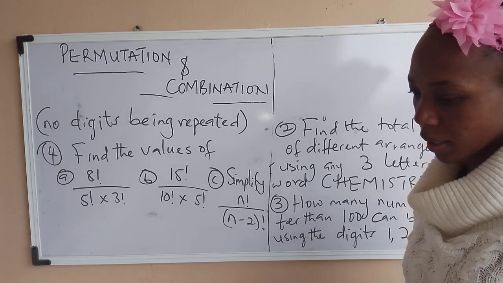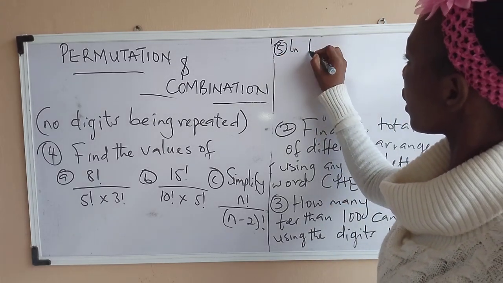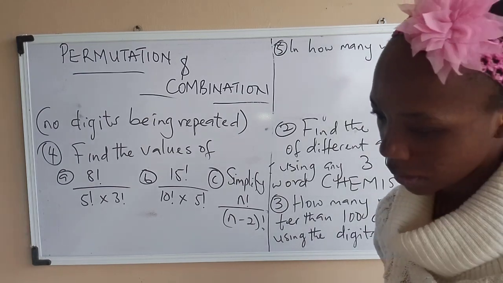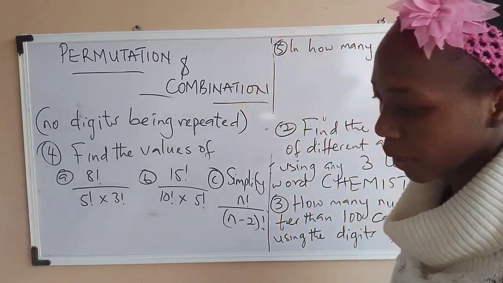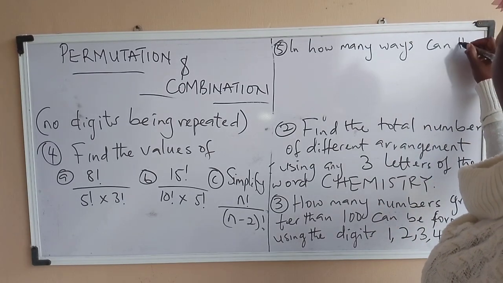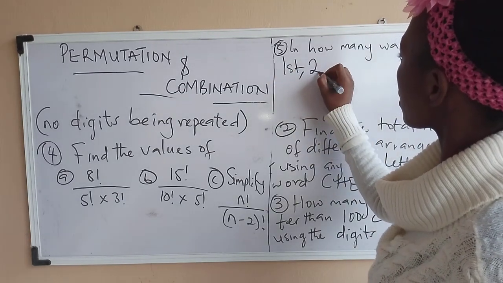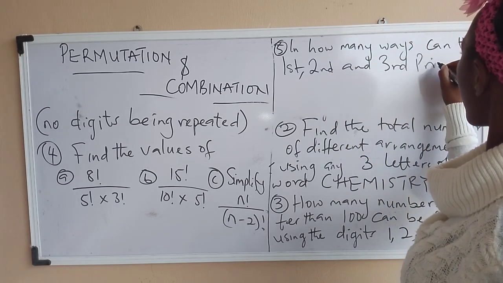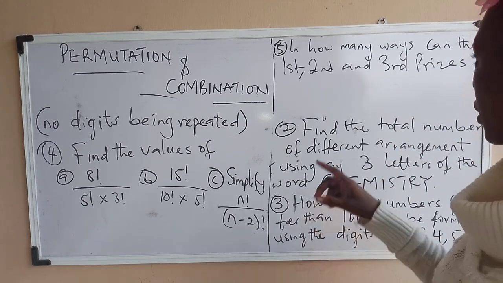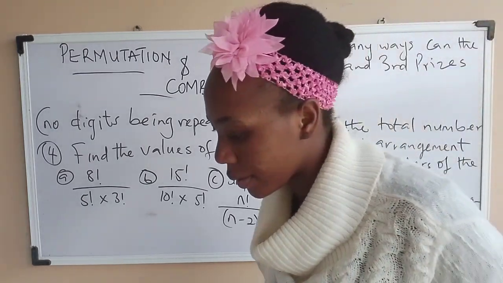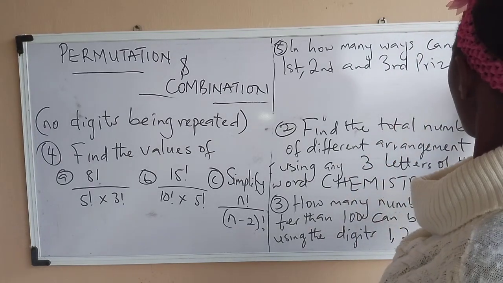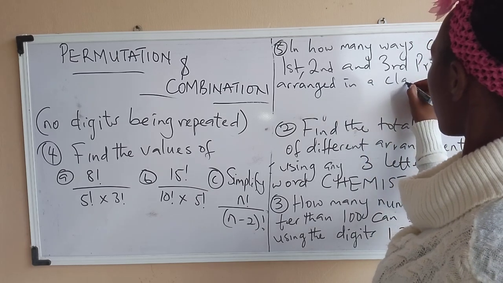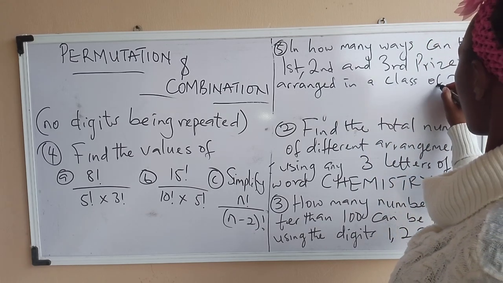Okay, so the fifth exercise is, in how many ways can the first, second, and third prizes be arranged in a class of 20?